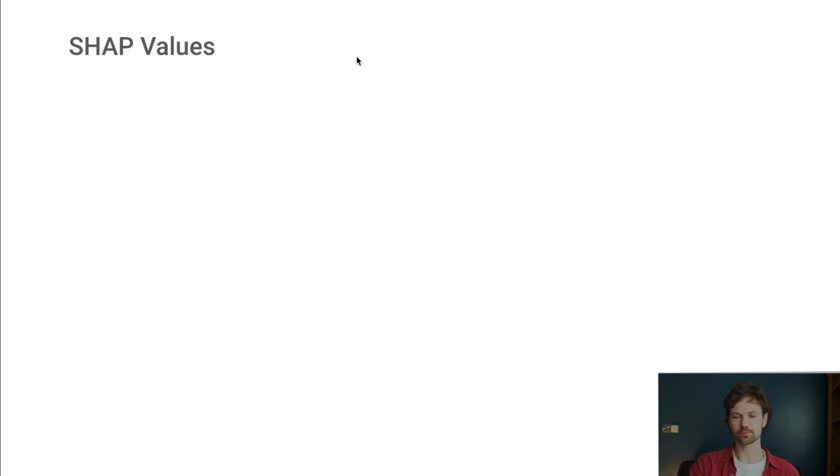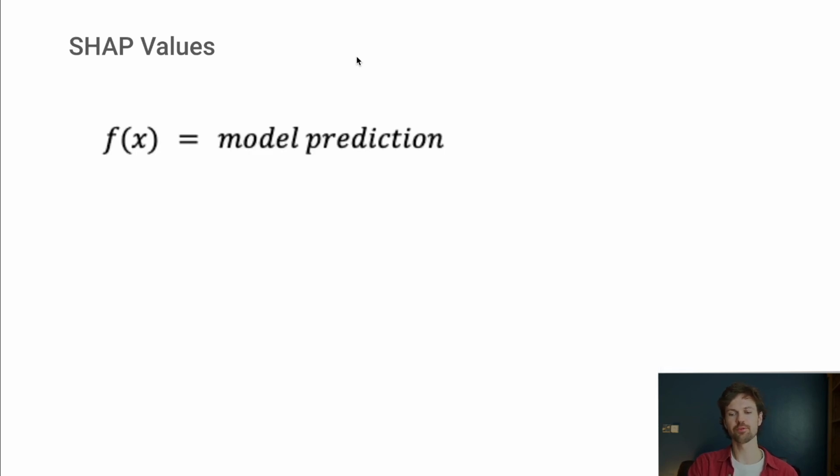So in this case, f of x is the model prediction. And so you might be asking, how can we calculate SHAP values when the isolation forest doesn't really have a prediction in the same sense as a predictive machine learning model? Well, the beauty of the SHAP algorithm is that we treat the model as a black box, and we permute the input and measure changes in the output of this black box.